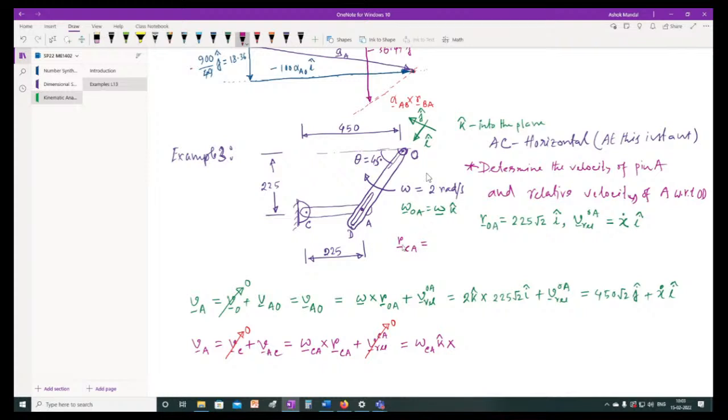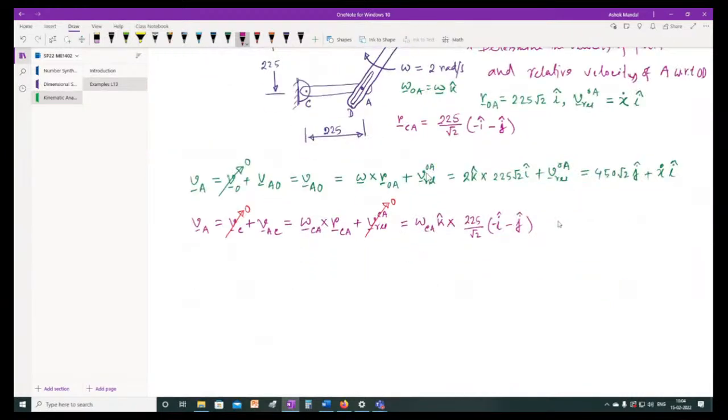Now come back to this. What is the definition of RCA? So go to this 225 by root 2 in negative y direction and 225 by root 2 in negative j direction. So RCA we have defined. Let us substitute it here. 225 by root 2, minus i, minus.